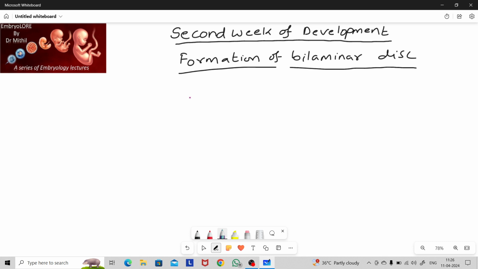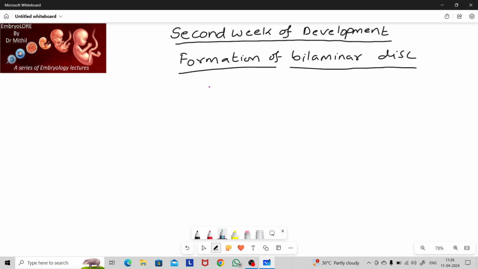So for the formation of the bilaminar disc, to recollect once again, we have to understand that the blastocyst is a spherical structure containing the outer cell mass, that is the trophoblast, which is flattened, and the inner cell mass, that is called the embryoblast, and there is a cavity, the blastocyst cavity.